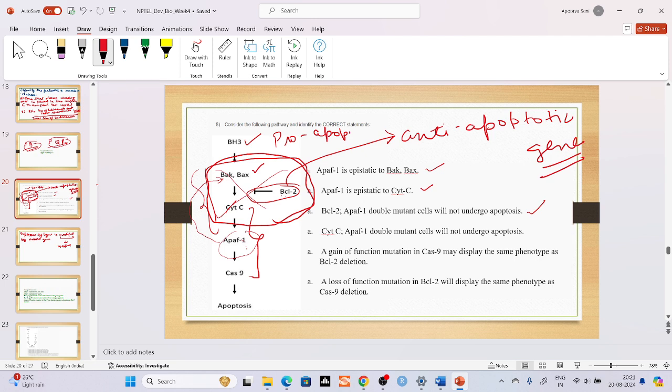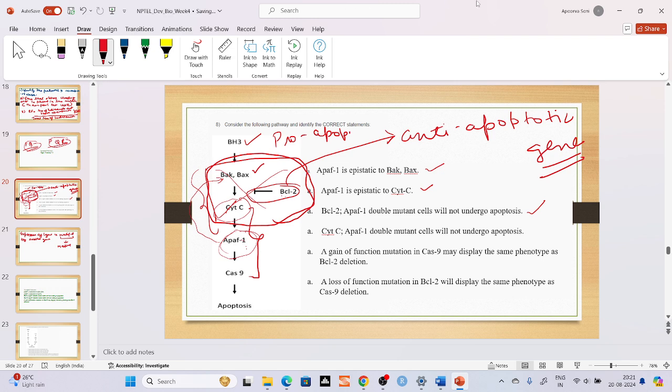Obviously, if APAF1 is mutated, apoptosis cannot happen. If only cytochrome C is mutated, then apoptosis can happen because APAF1 is epistatic to cytochrome C. But because APAF1 is also mutated, apoptosis cannot happen. Correct?